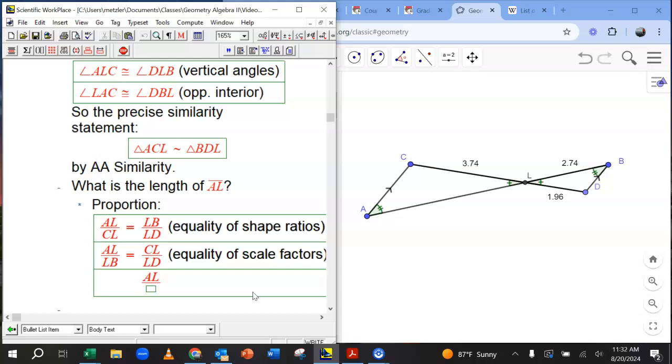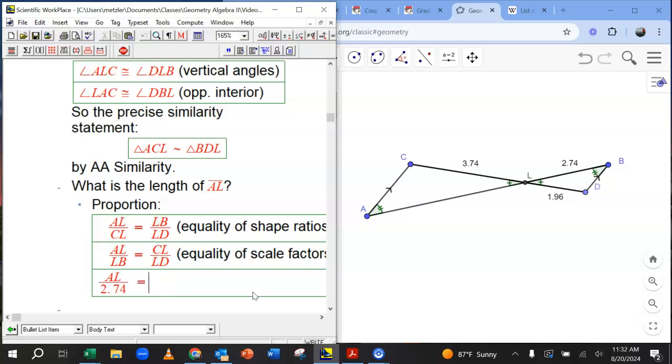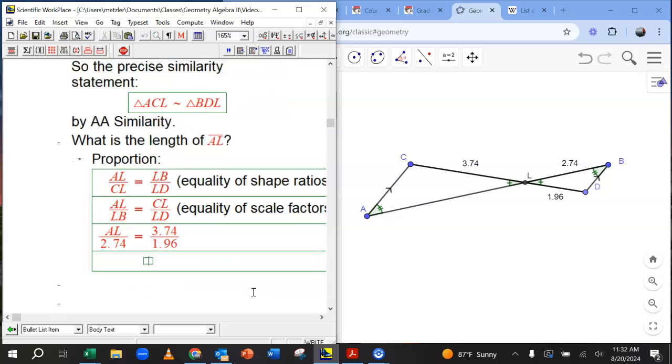And so AL, which is our unknown, over 2.74 equals 3.74 over 1.96. So AL is going to be 2.74 times this ratio. And then we'll just let the calculator do that.